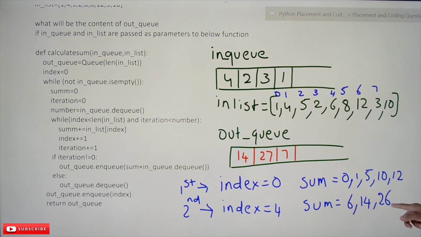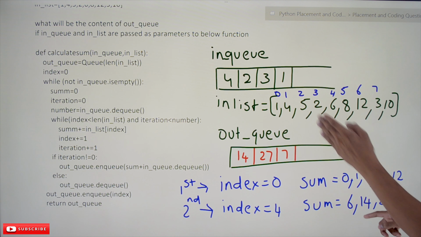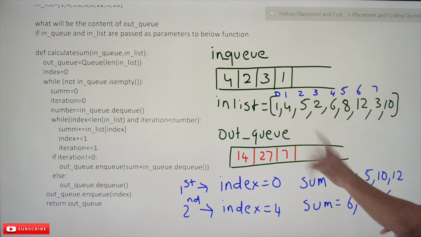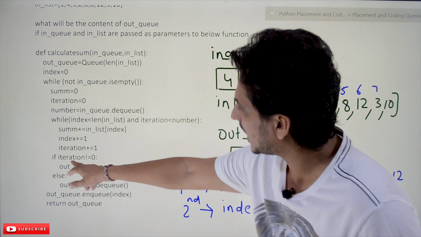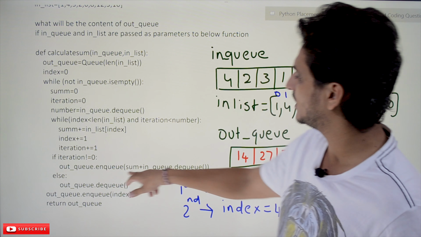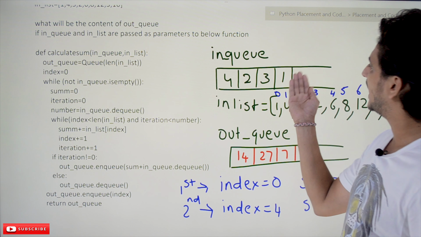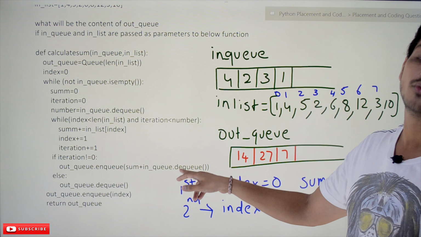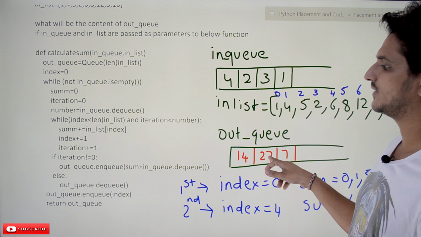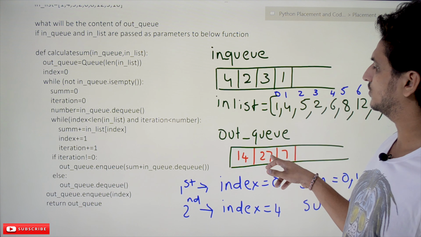Again, next 26. We are not going to explain pin to pin of the next iteration. We already did the first one. So sum is equal to 26. If iteration is not equal to 0, nq of sum 26 plus, again it is going to deque. What's the element? 1. 26 plus 1, 27. So 27 is placed in the out queue.